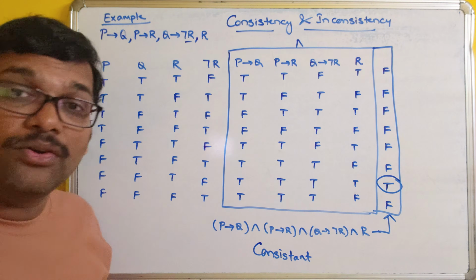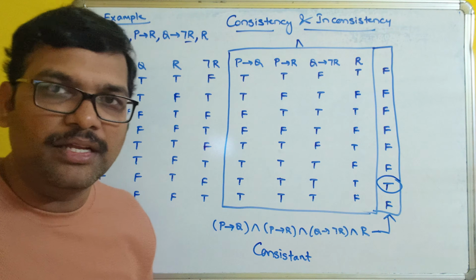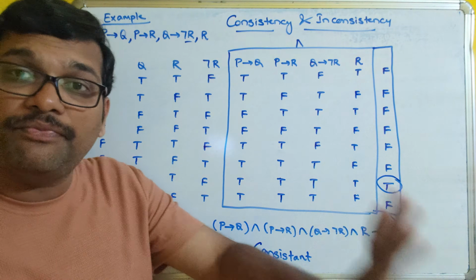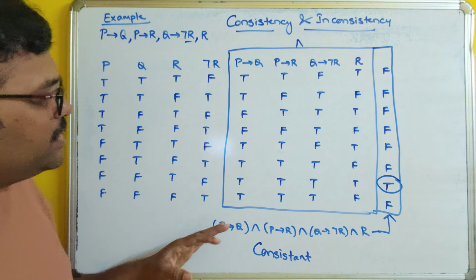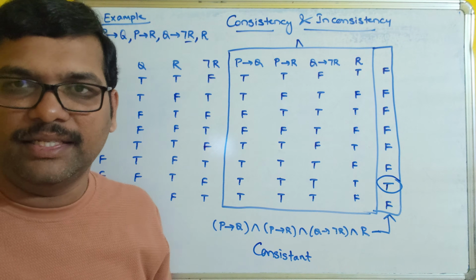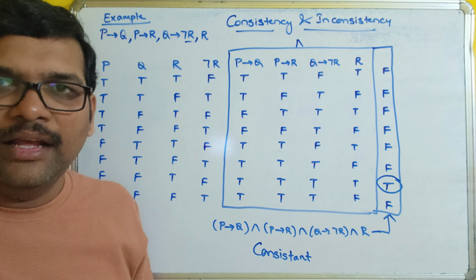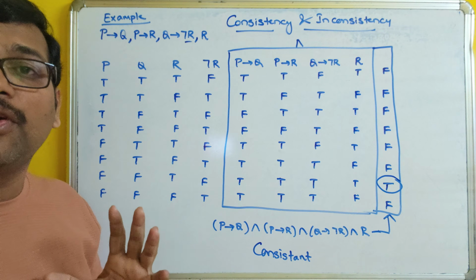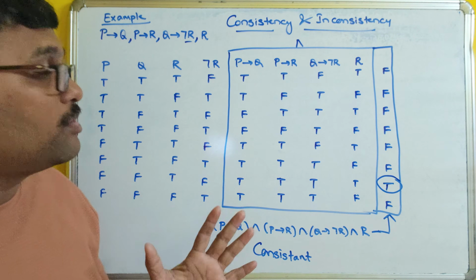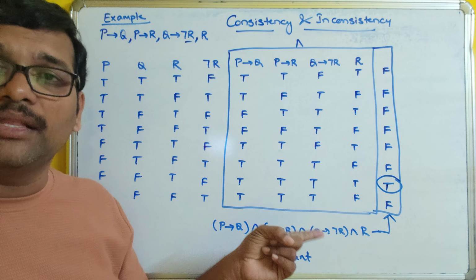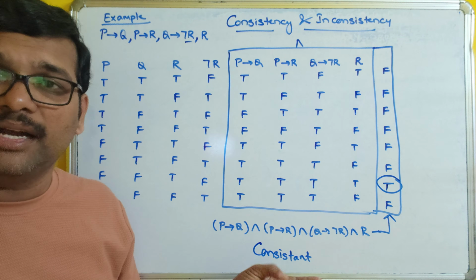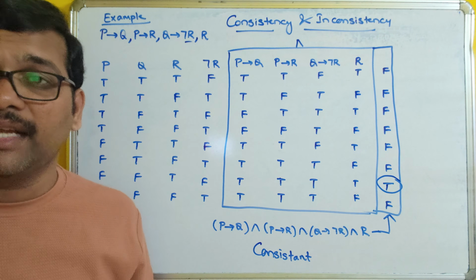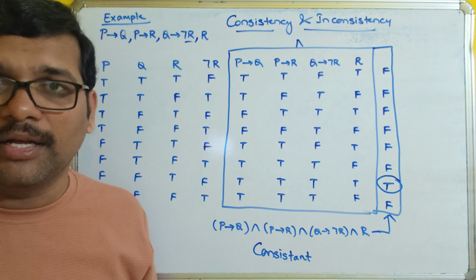So we can derive the conclusion from these premises. If we got this one also as false, obviously we can say the premises are not consistent. Right? So hope you understood this. Very simply, by constructing the truth table we can decide whether the premises are consistent or inconsistent, and based upon that we can decide whether the conclusion is valid or not.